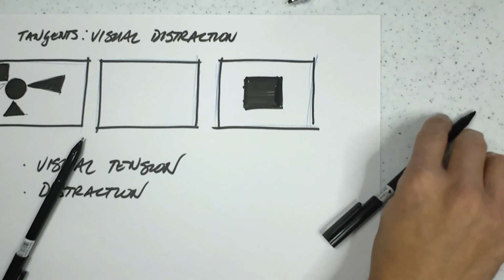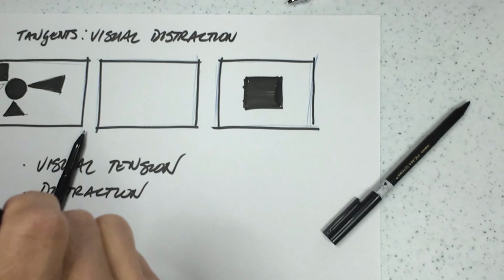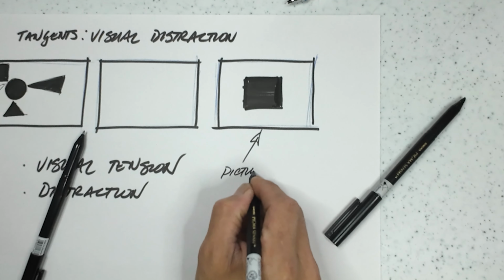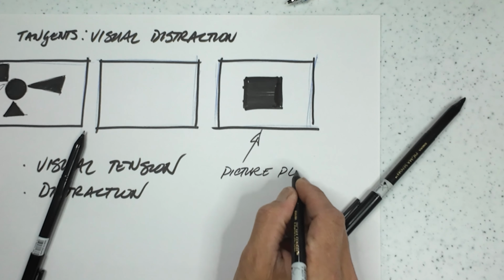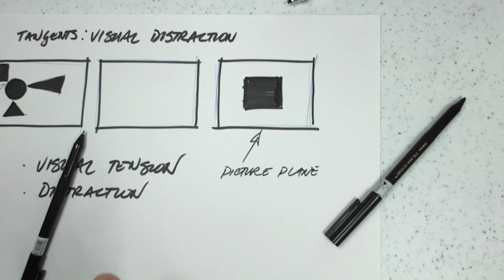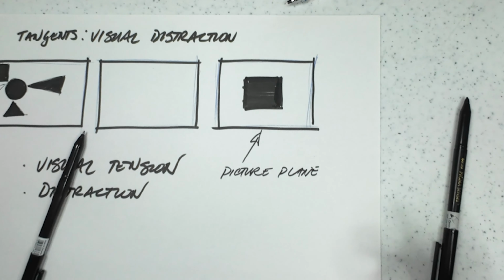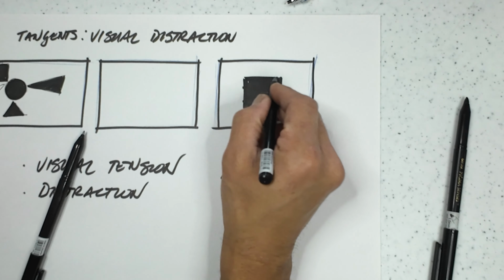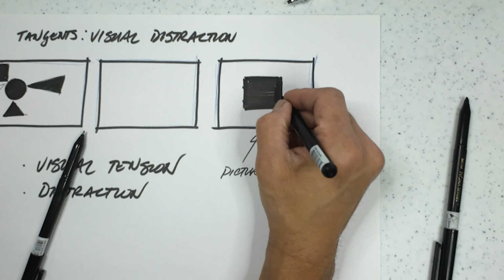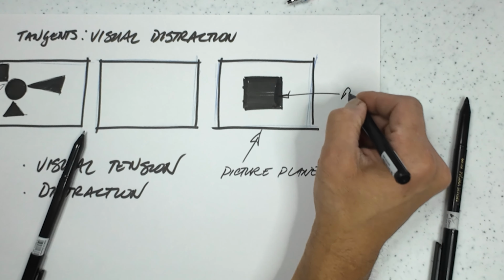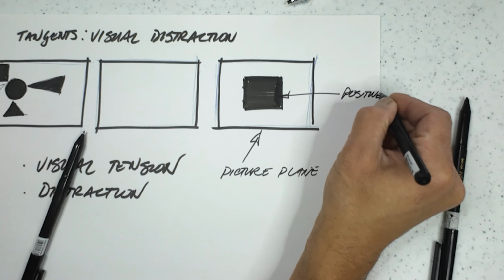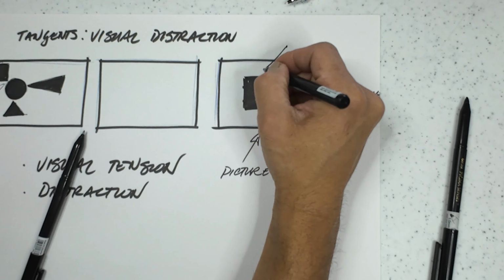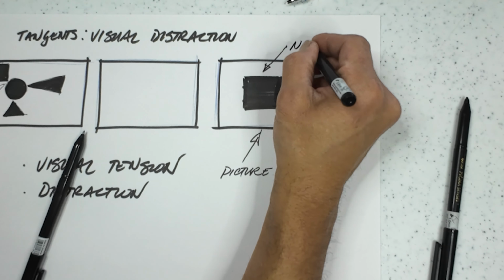This is a picture plane, and a picture plane is the viewable area of your design. And this is taking up positive space within this. So this is positive space. The air around it, that's negative space.